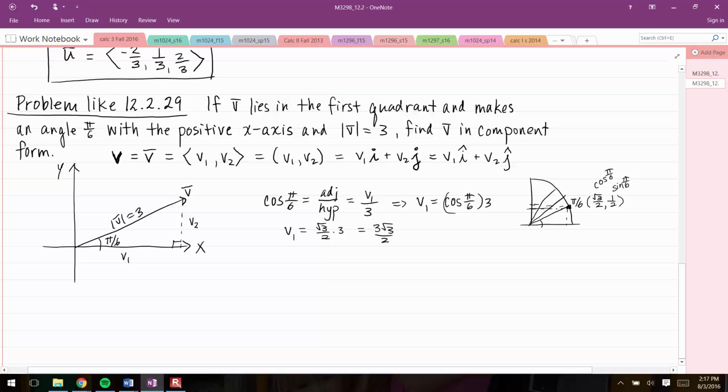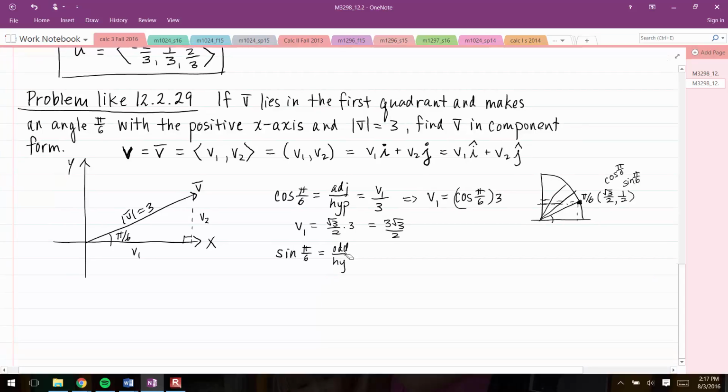We're going to play the same type of game for finding v sub 2, but we're going to use a different trigonometric function. We're going to use sine, because sine of pi over 6 is equal to opposite over hypotenuse. So in this case we have v sub 2 over 3.